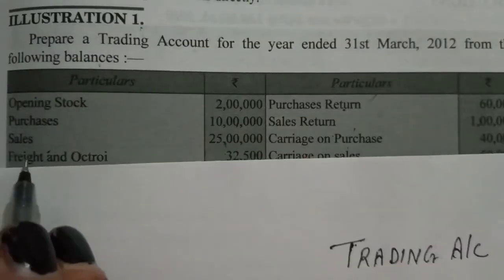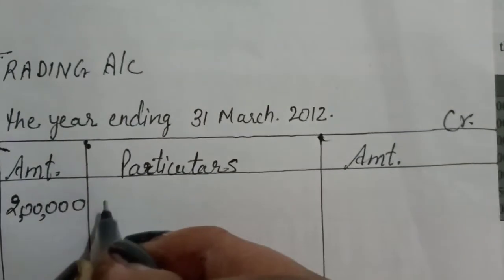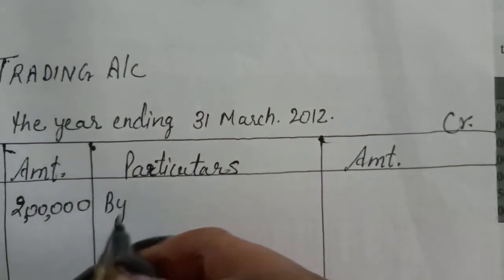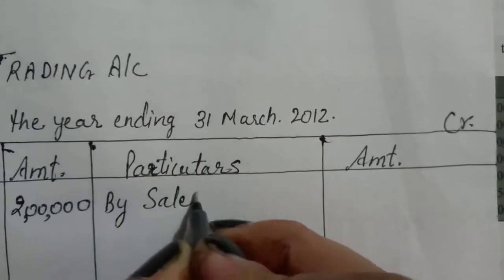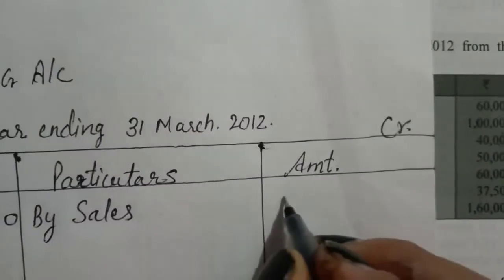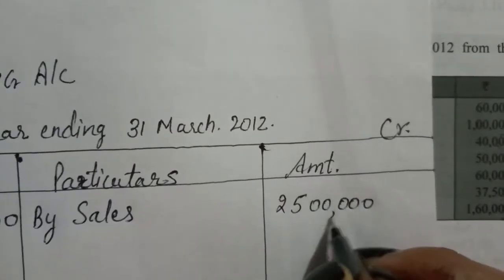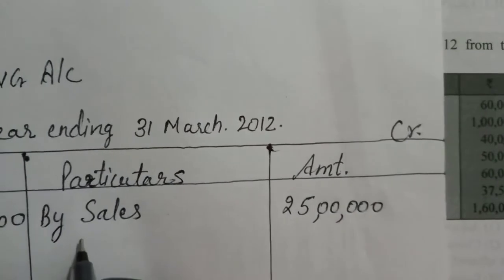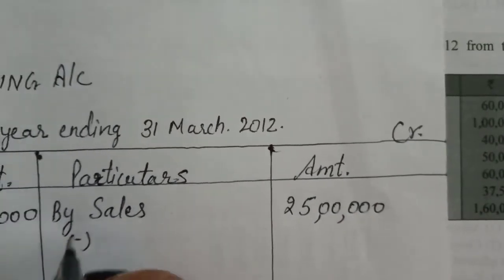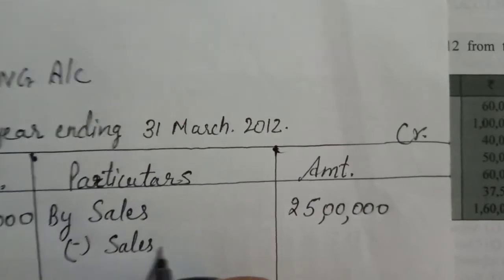The next will be sales. As you know, sales will come on the credit side. So you will write here "By sales". How much is it? It is 25 lakh. So you will write here 25 lakh. Then again, one thing you have to record, you have to deduct sales return.